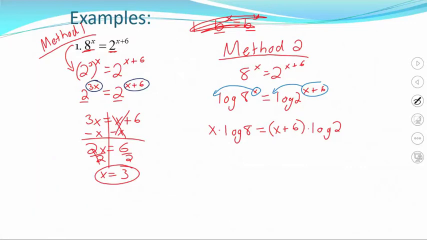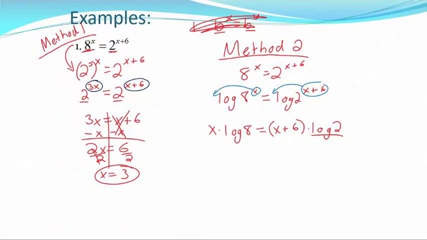I want to try to evaluate these logarithms, but they're on opposite sides. So I have to either move the log of 2 over to this side, or I can move the log of 8 over to this side. It doesn't really matter which one you do, but just a standard rule of thumb, it's easier to move the smaller one because you're more likely to get a favorable number that's easier to work with. So that's what we're going to do.